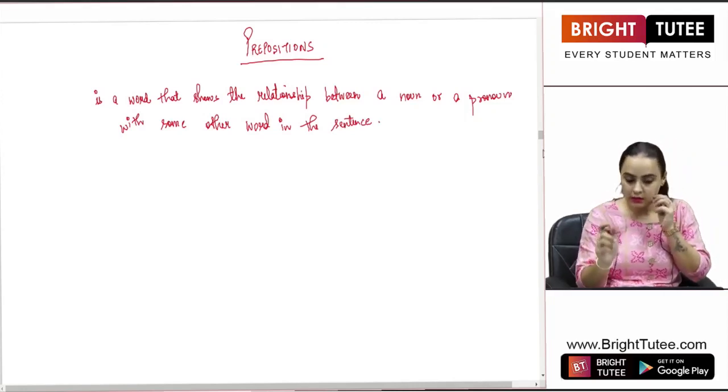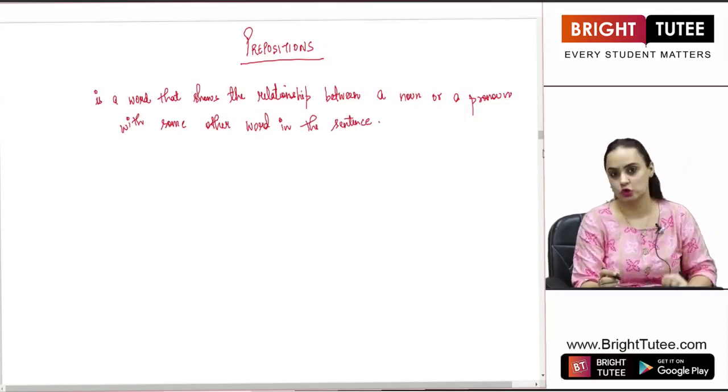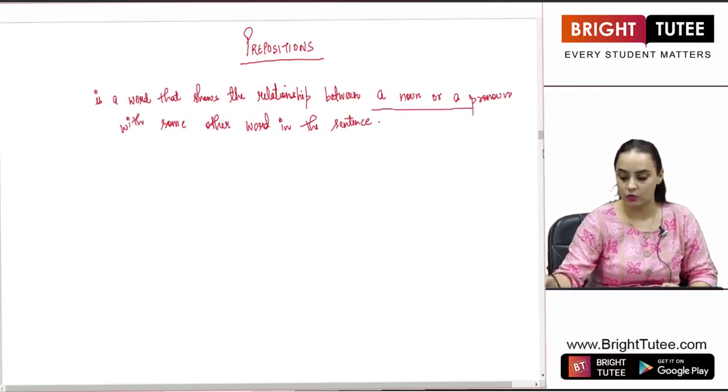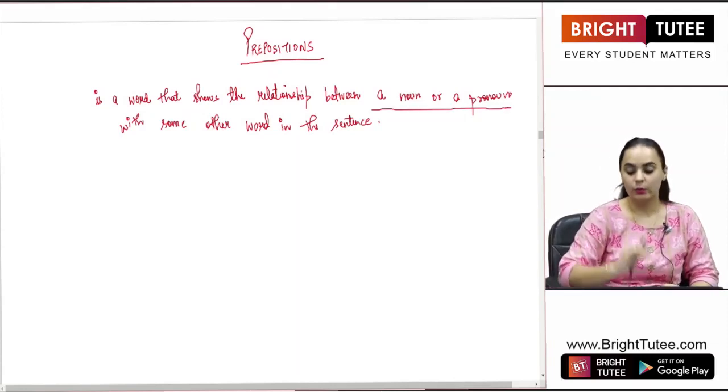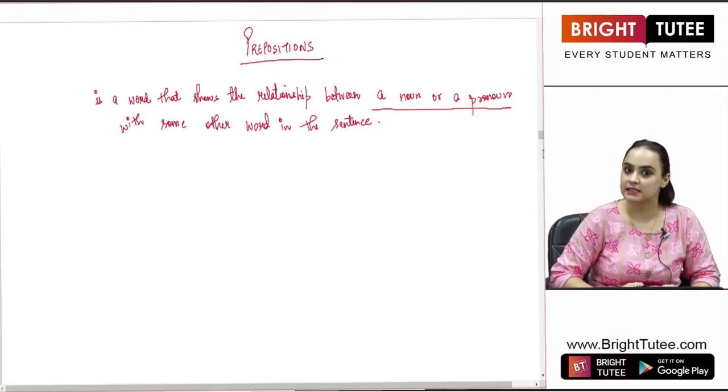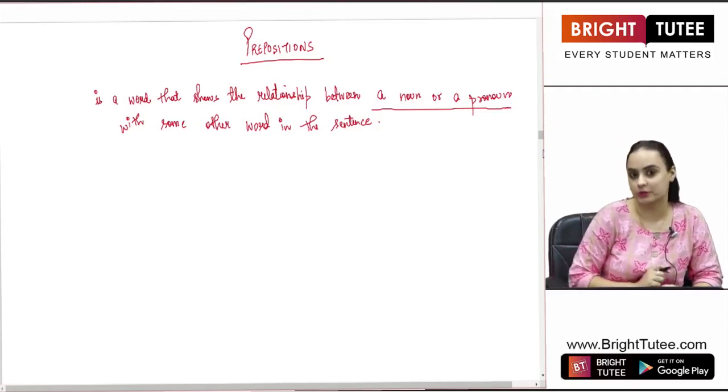So a word that shows the relationship between what? A noun or a pronoun with some other word in the sentence is known as a preposition.